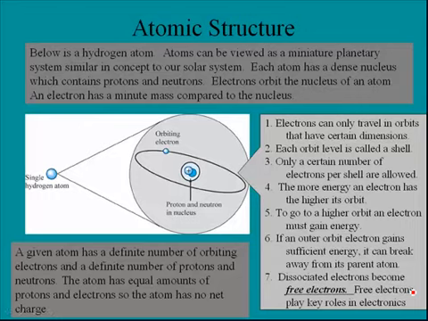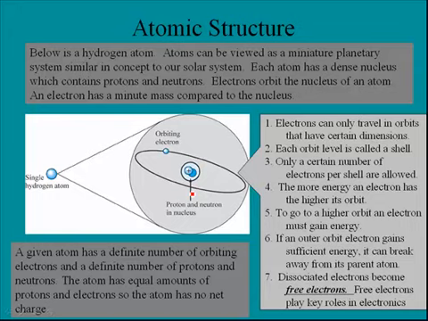Okay, atomic structure. Below is a hydrogen atom. Atoms can be viewed as a miniature planetary system, similar in concept to our solar system. So here we have a single hydrogen atom, and here is a larger one, and you get the idea of the miniature planetary system.